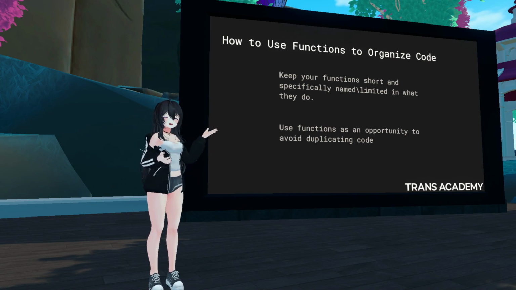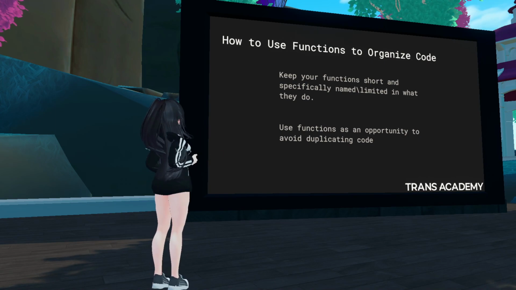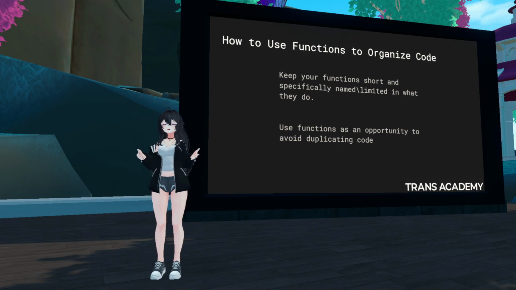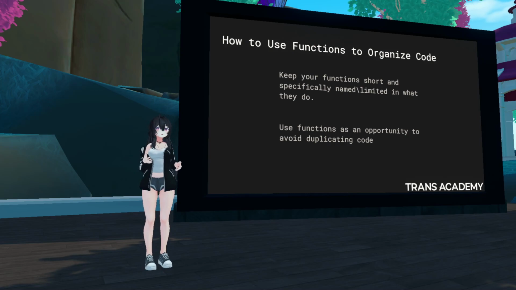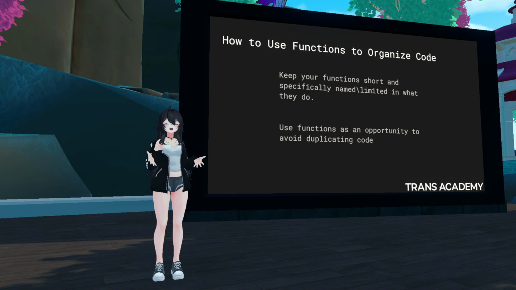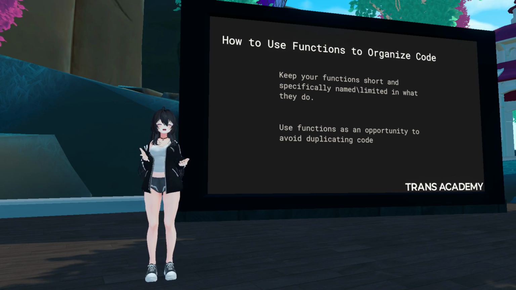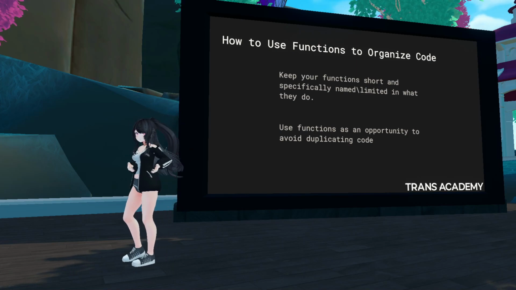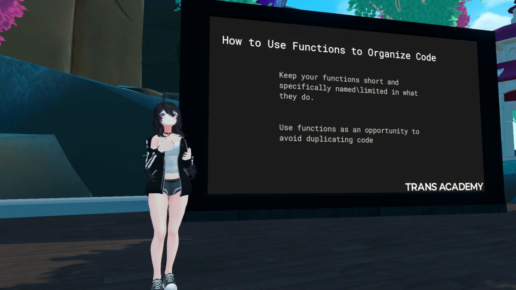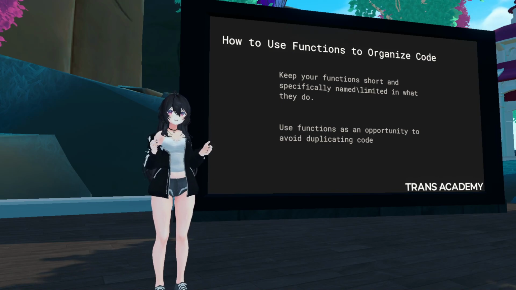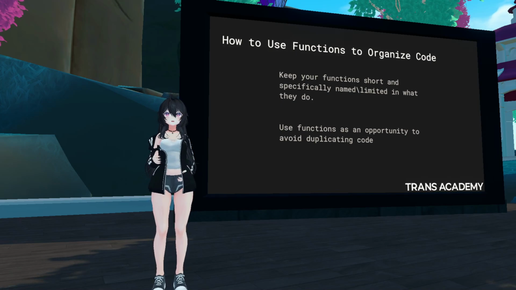But how should you actually organize those functions? So the idea here is we always try to keep our functions short and succinct, and try to keep the amount of things that happen within your function limited. What I mean by that is, number one, you would always use functions to prevent duplication within your code.